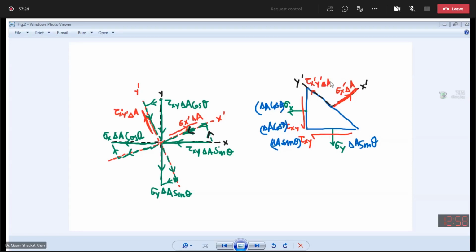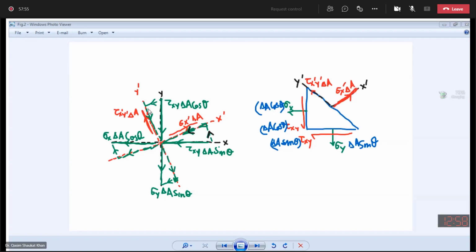We have multiplied it with the area, that is delta A to get the force component, the resultant force, sigma x dash delta A about x dash axis, tau x dash y dash delta A. Okay? So now you have four forces which are oriented about x and y axis, and there are two resultant forces which are oriented along x dash and y dash axis.